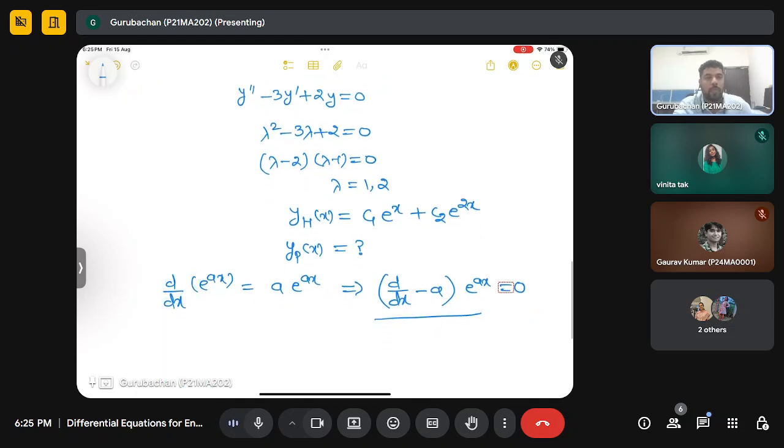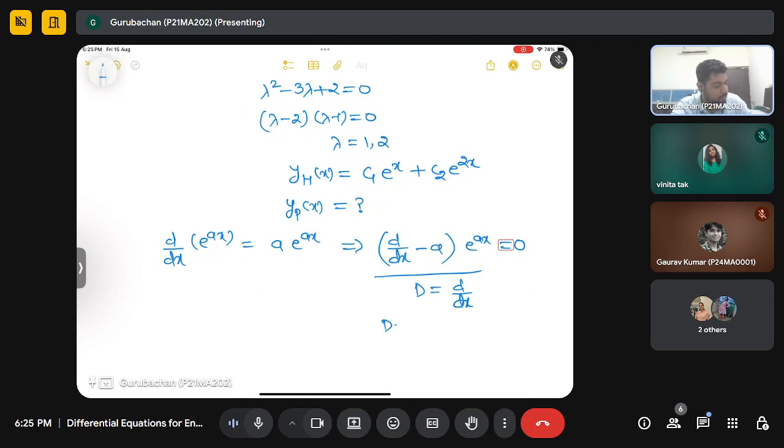So this is the annihilator of e^(ax). For simplicity, we will denote D equal to d/dx. That means (D minus a) applied on e^(ax) will be 0. This is just for the non-homogeneous part, but here there is also a homogeneous part.